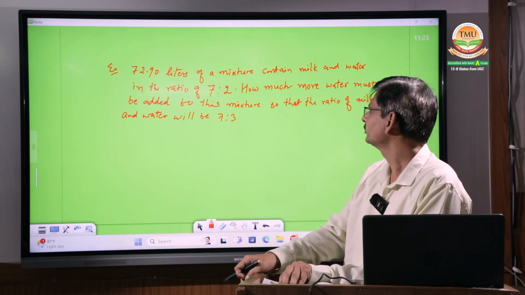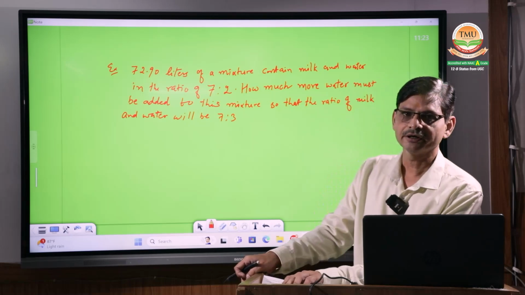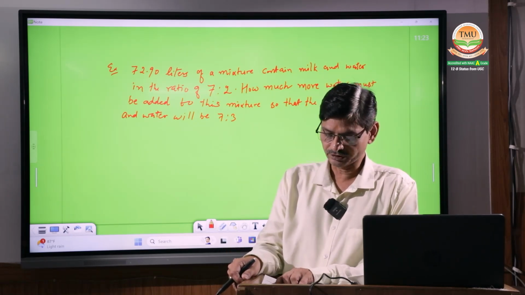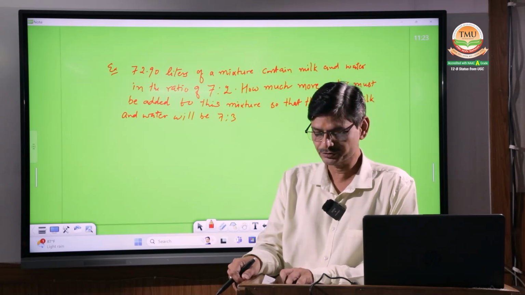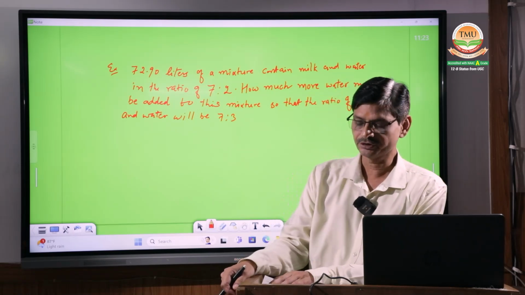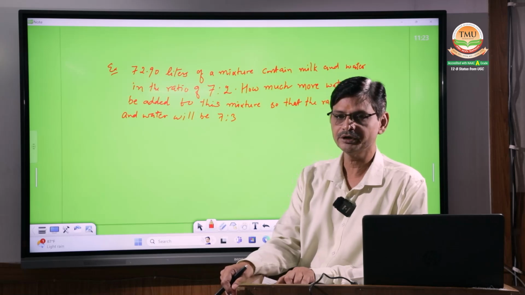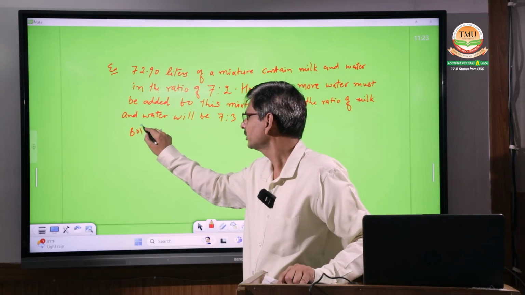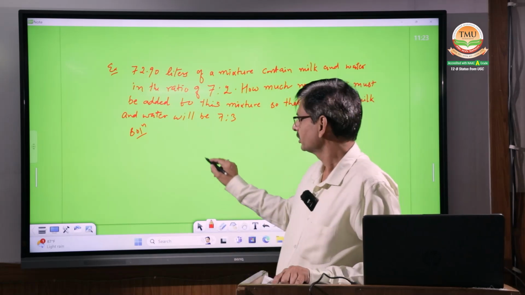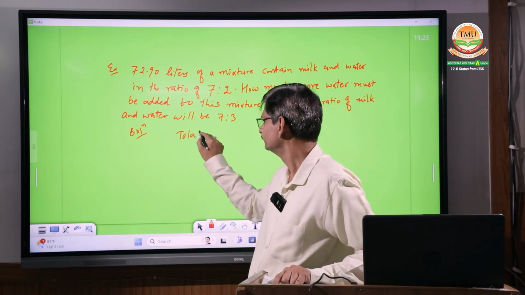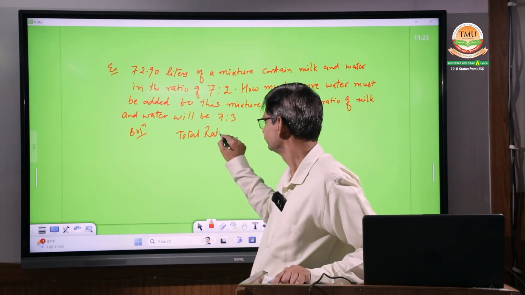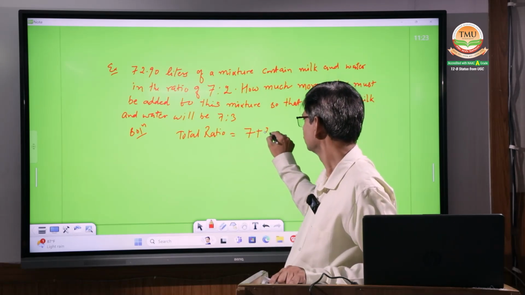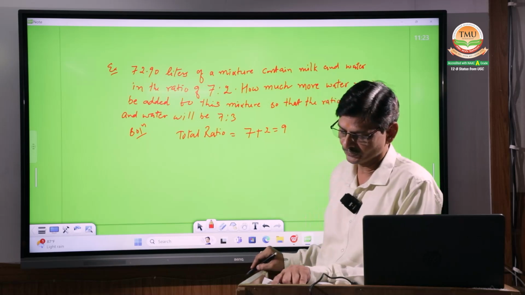72.90 liter of a mixture contains milk and water in the ratio 7:2. How much more water must be added to this mixture so that the ratio of milk and water will be 7:3? Now, this type of problem can be solved like this. The total ratio is 7 plus 2, that is 9.